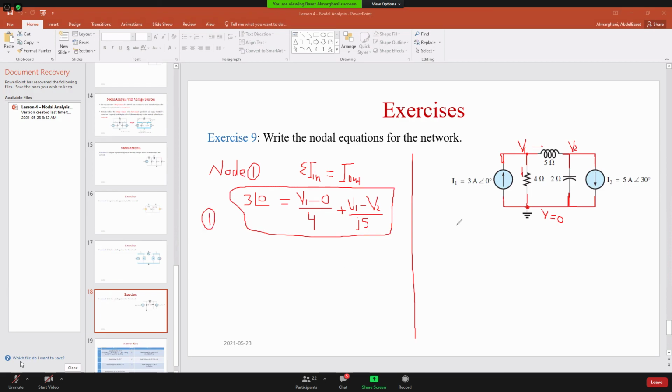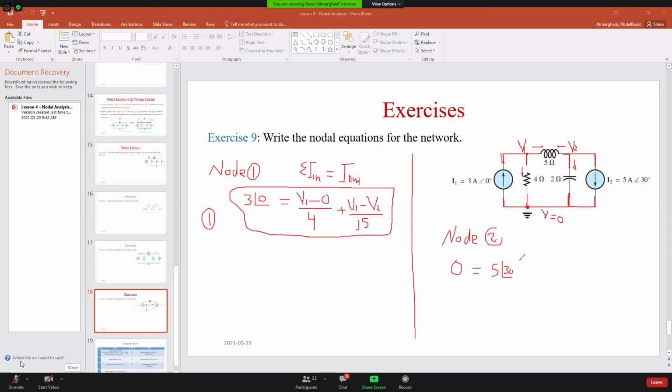Now if we do the second node, I have current leaving, and I'm going to assume these two are leaving as well. Okay. When I do the assumption, I forget about my assumptions in the first node. I don't have to look at the first node. Now I'm working on the second node. So no current is coming. Currents are only leaving. One of them is 5 angle 30.